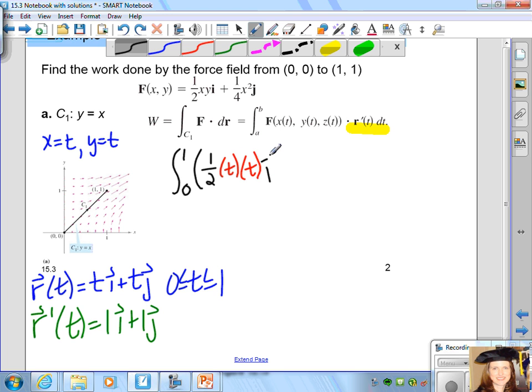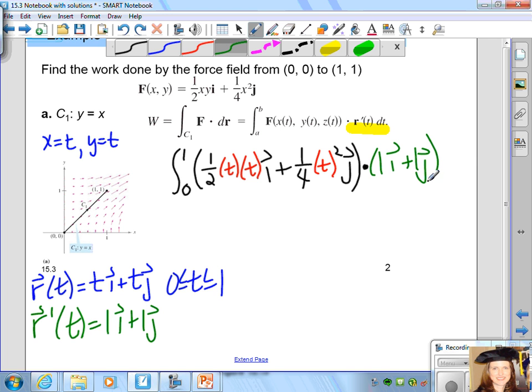That's 1/2 t squared i plus the 1/4, and I'm going to replace the x here with t squared j. So what I've done is I've written the vector field in terms of t by itself. Now we want to find the dot product of that vector field with r prime of t, and we've already calculated that to be 1 i plus 1 j, and then all of that is dt.